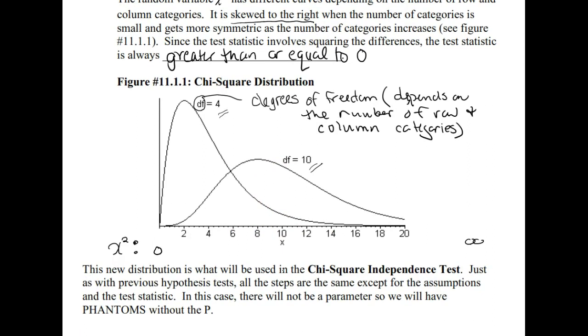So this new distribution is what we call the chi-square, and it is what will be used in the chi-square independence test in this section. Just as with previous hypothesis tests, all the steps are the same, except for the assumptions and the test statistic. Each one has different assumptions we're testing and a new test statistic, but all the logic after that is still the same. In this case, there will not be a parameter, so we're going to have phantoms, but without the p, so one letter short.